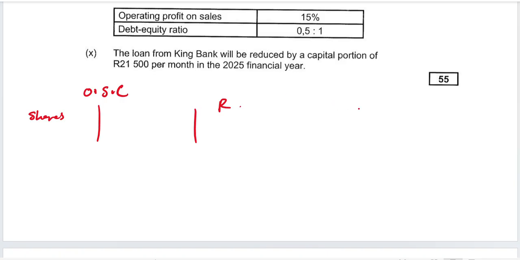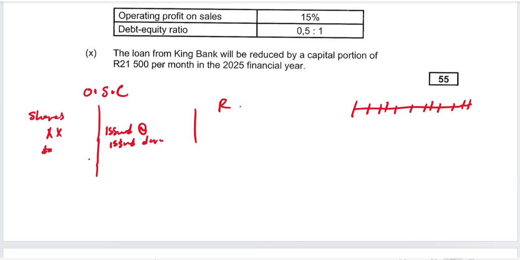Here is our timeline: 1 2 3 4 5 6 7 8 9 10 11 12. We don't know our shares issued at the beginning, and our shares issued during the year.